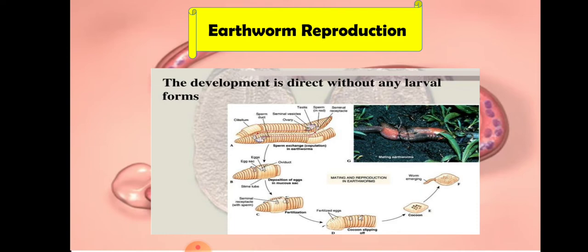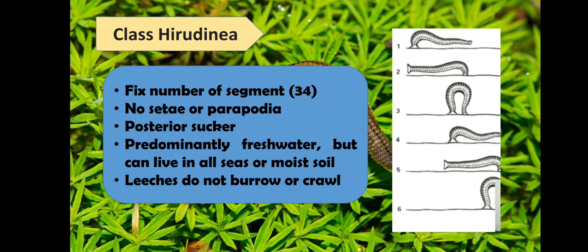So the next slide is all about the class Hirudinea. These are the detailed explanations about the reproduction of earthworm. So the next slide is all about the class Hirudinea.